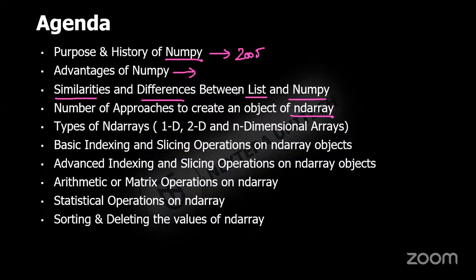So that makes the difference. And they are very fast in execution. And when it comes to memory consumption, they consume very less memory. So all these differences and similarities were also understood. Then coming to the approaches, what are the different functions that we have learnt from NumPy?